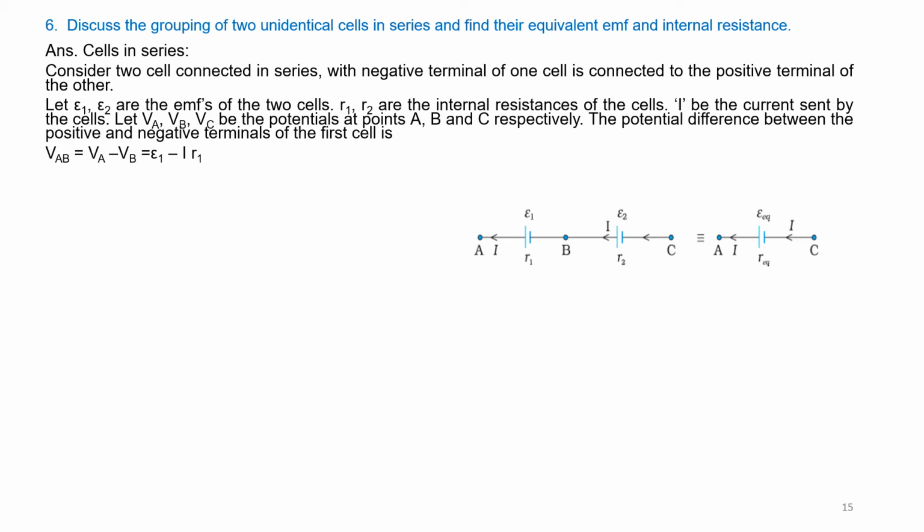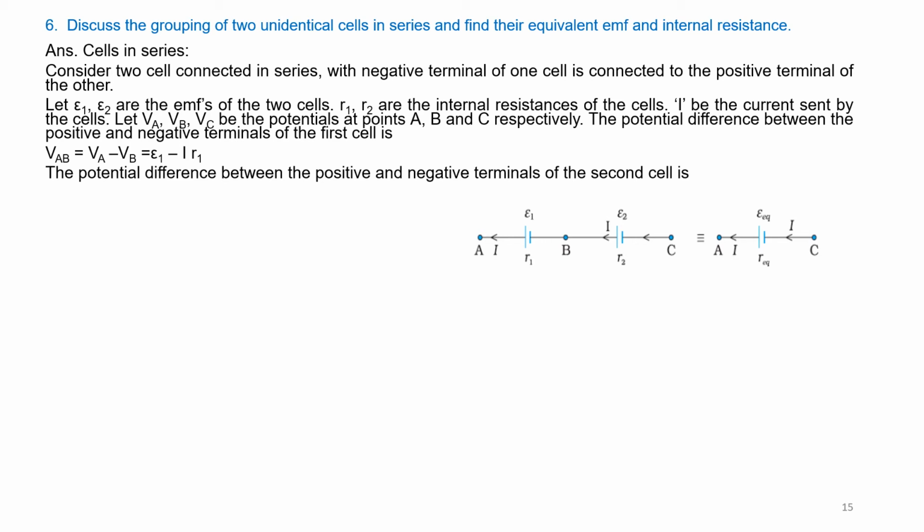The potential difference between the positive and negative terminals of the first cell, that is VAB, is equal to VA minus VB, that is equal to E1 minus I into R1, where I is the current and R1 is the internal resistance of this cell.